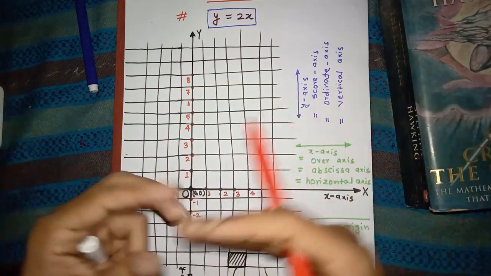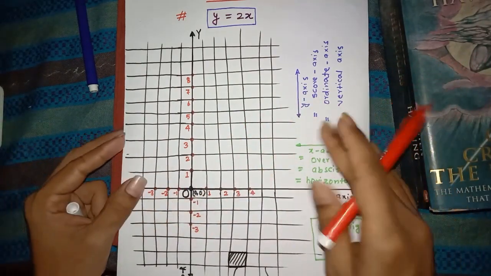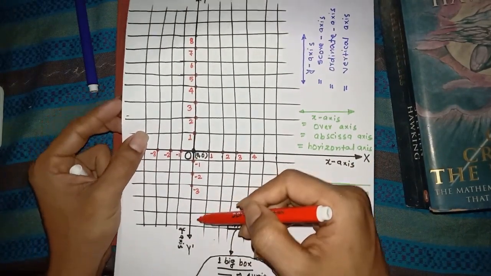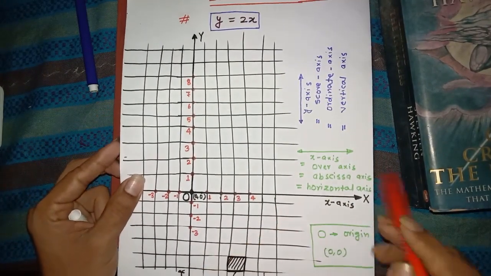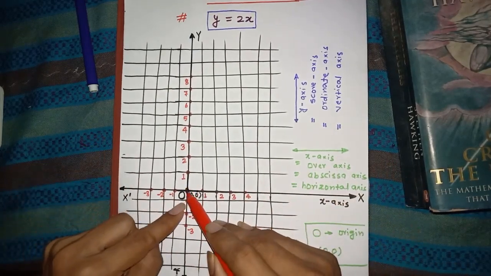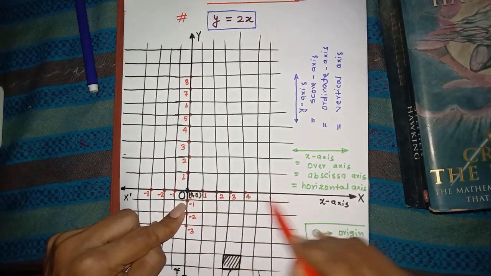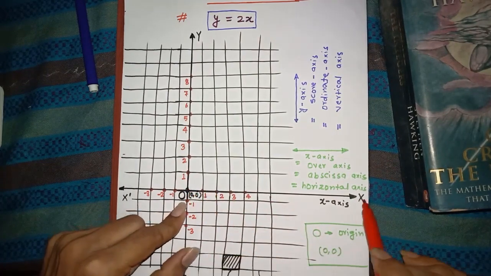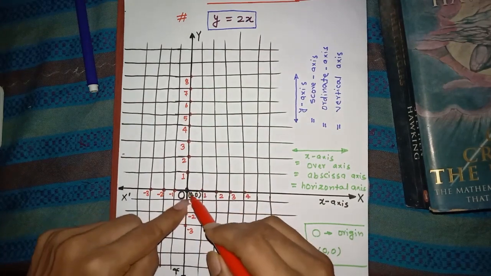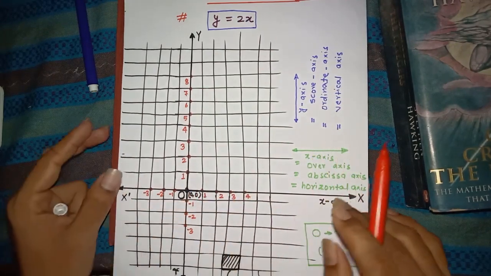If they are not, you can draw them by scale or measuring tools. I have drawn two axes, y dash and x dash, and the intersection point is here, O, whose coordinate point is 0, 0, because the x-axis and y-axis cut at 0 and 0 values.